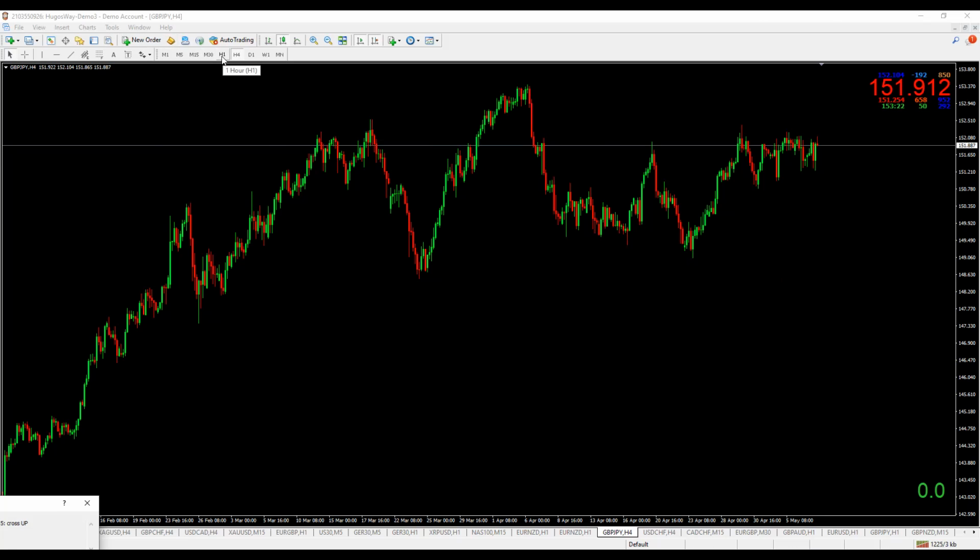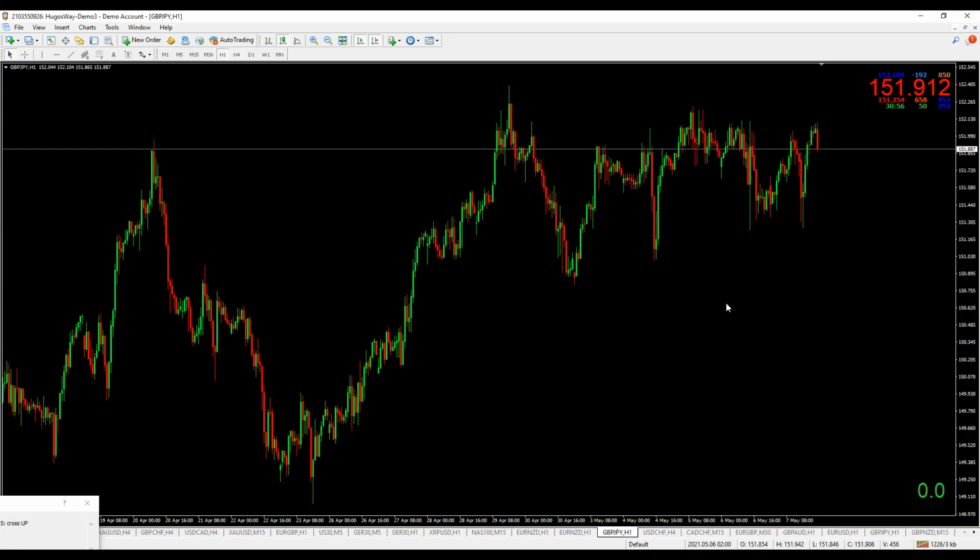Let's try the 1 hour, even as it is the case that we do tend to day trade. When it comes to using Fibonacci tools, you do want to have clear structure, whereby you're not in a choppy market.